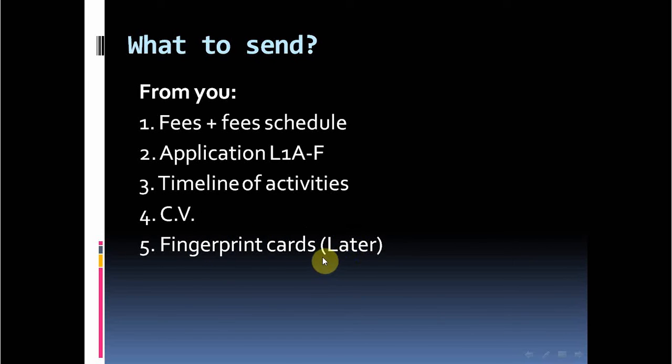You don't send them initially because you don't have them. So when you send your application, the board is going to send you the fingerprint cards to the address that you provided. You take those cards and you go and do fingerprinting, and you put those cards back in the envelope and you send them back to the Medical Board of California. Okay? Alright.